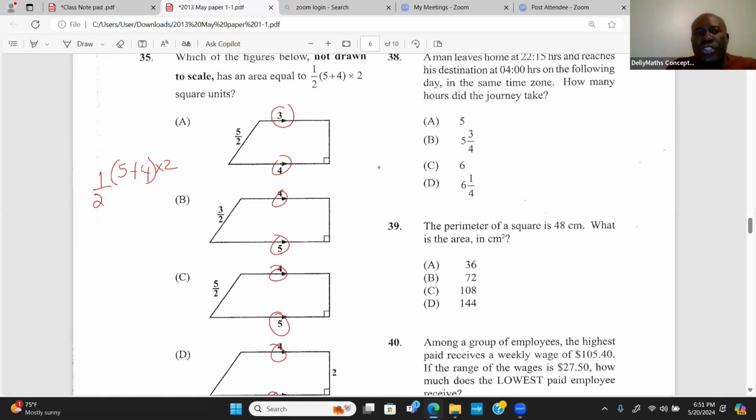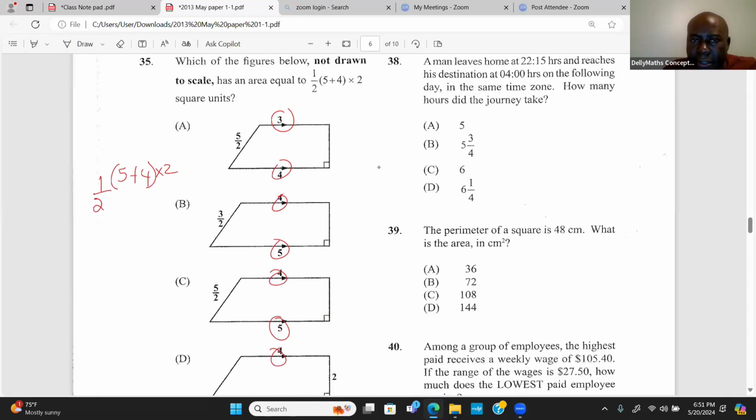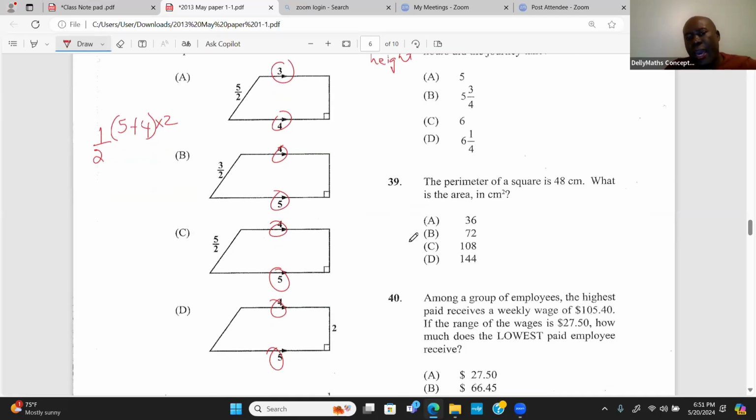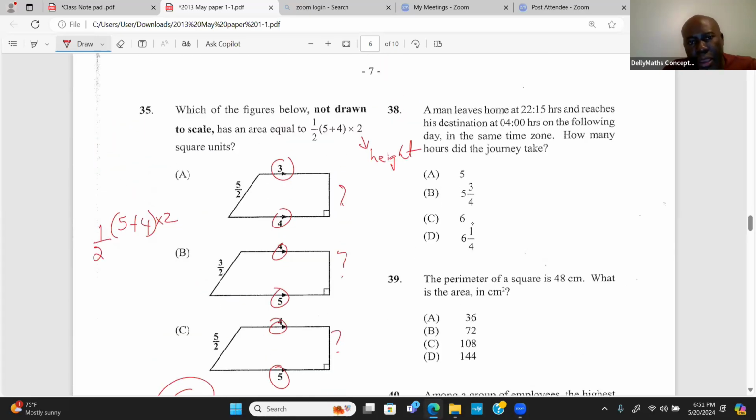So that means this is a height. So in this question, this is height. So I will pick D already because this is height. I don't see any height here. Notice they don't have any height. So height is there, and then 5 and 4 will be the parallel sides. This is 4 and 3.